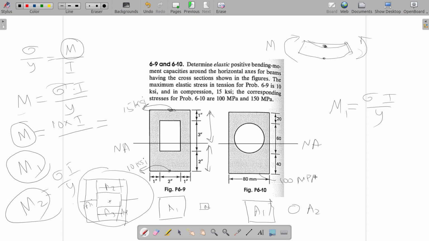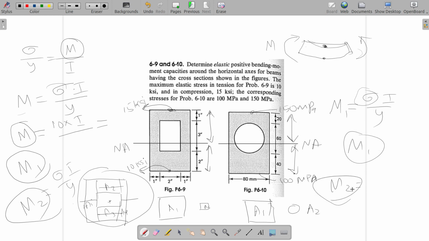Put sigma is equal to 100 MPa, put y is equal to the distance between the neutral axis and this point, find out M1. Then the maximum compressive stress will happen here, that will be 150 MPa, and put sigma is equal to 150 MPa, calculate M2, and y will be the distance between the neutral axis and this point.